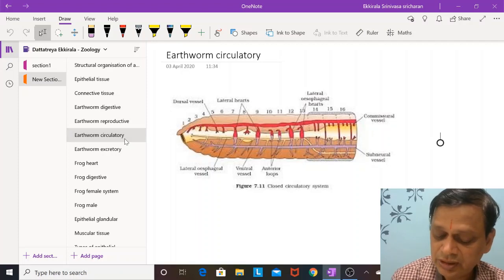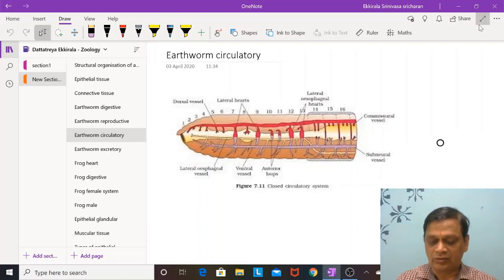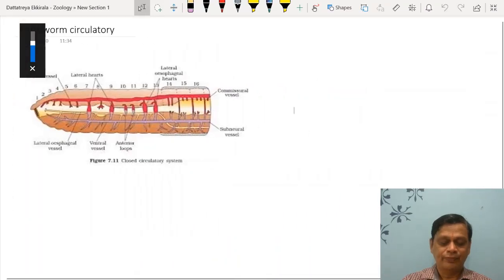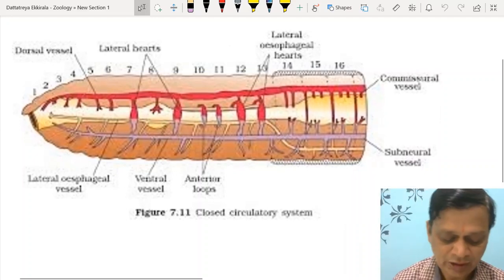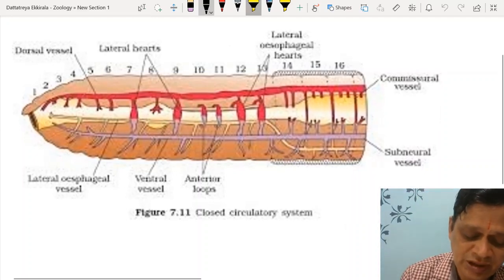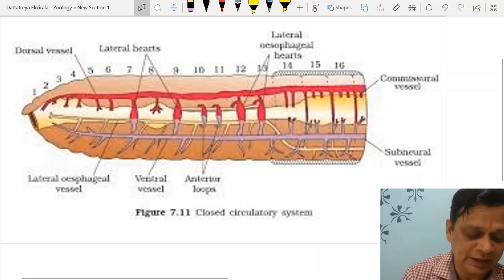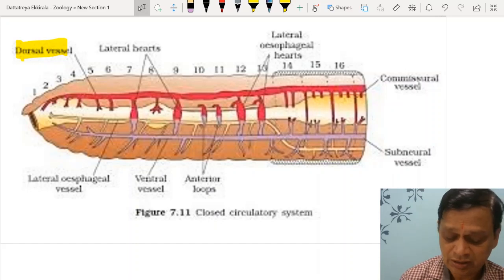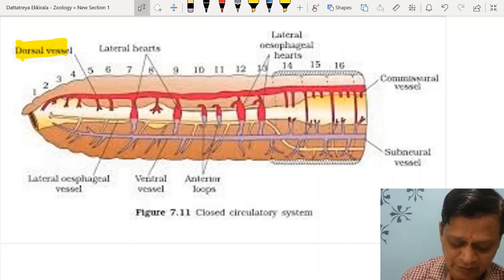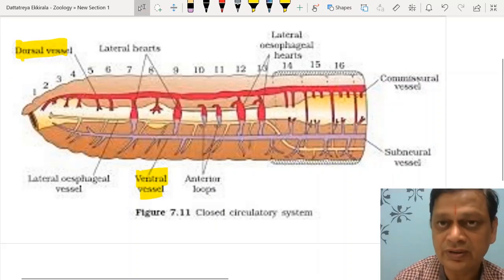Coming to the circulatory system of earthworm. In this circulatory system, you observe that there are major blood vessels like the dorsal blood vessel in all segments, running from anterior to posterior on the dorsal side, and similarly on the ventral side there is a major blood vessel which is called the ventral blood vessel.